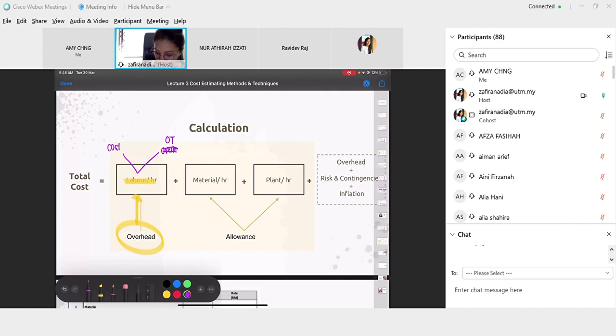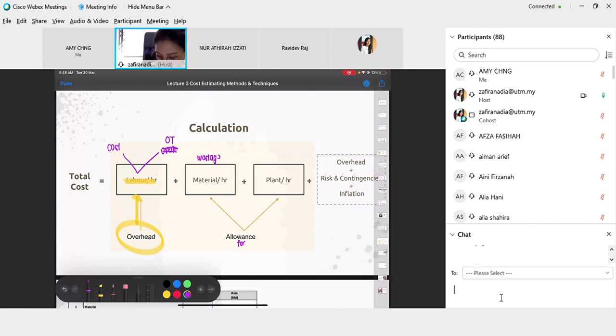Then for material, you have to allow for what did I say earlier? What is the allowance for material? Wastage. Okay, wastage.